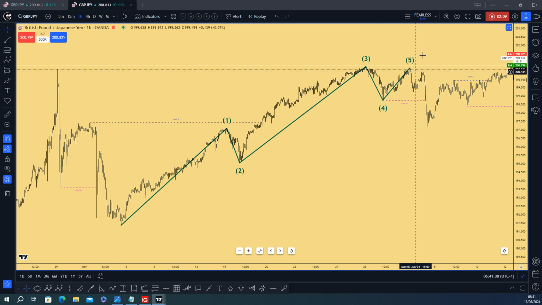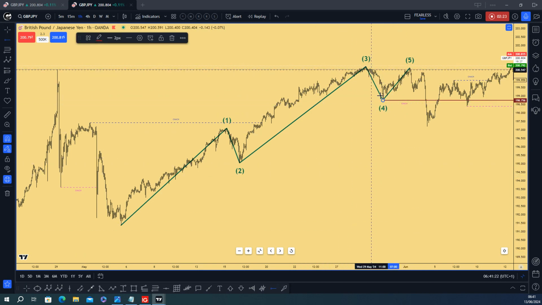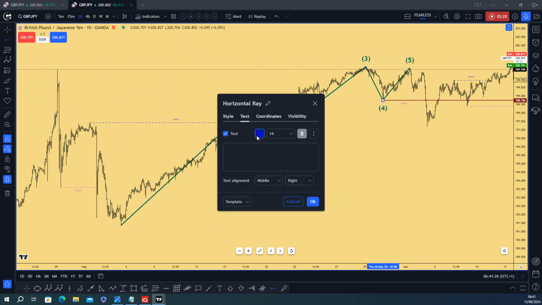Instead of making a higher high, price made a lower high, and the price proceeded to break the starting point of the structure that failed to make a higher high. So this is now what we call the trend changing pattern, the formation that happened here. And I'm going to label this.